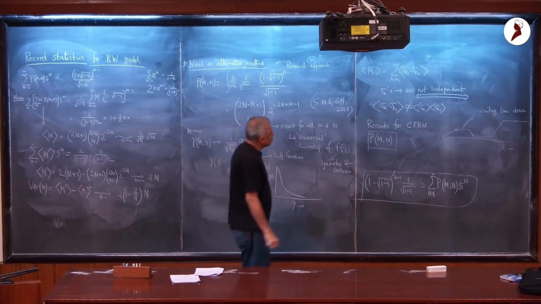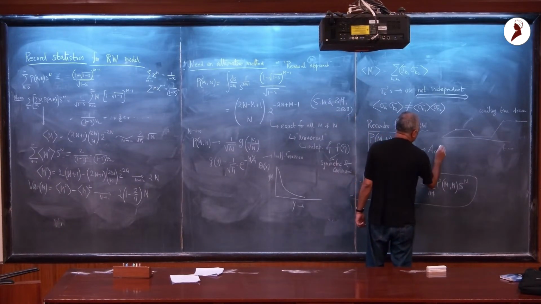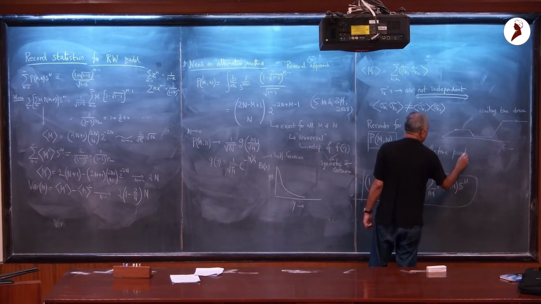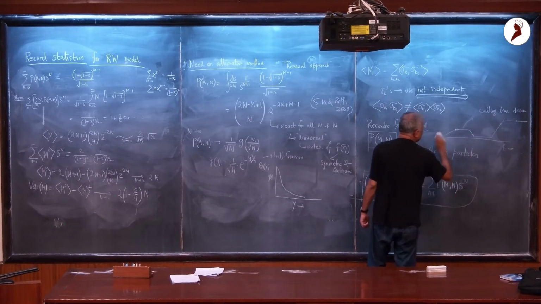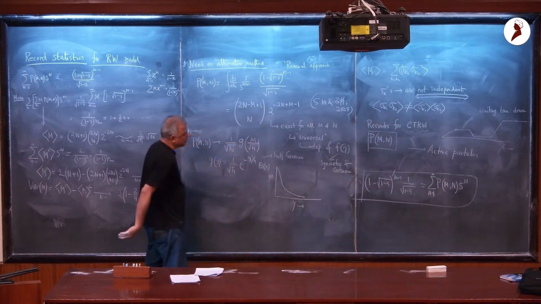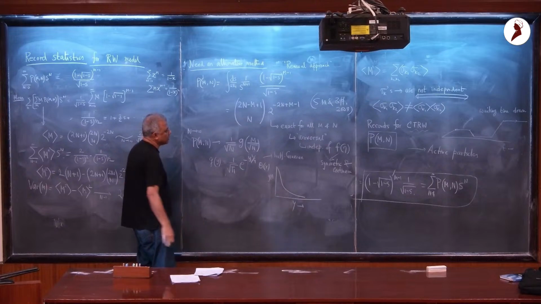And then, more recently, we have also used this for active particles. So if you look at these records for active particles, when the motion is not a random jump, but an active particle motion, that means it's a run and tumble motion, as I mentioned. It goes ballistically up to a random time in the positive direction, then switches direction, goes to the negative side.